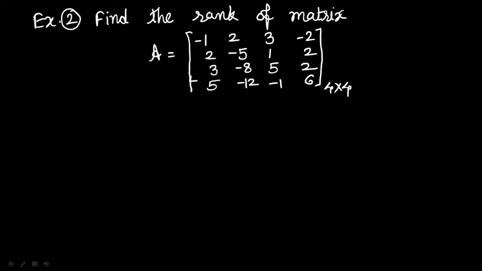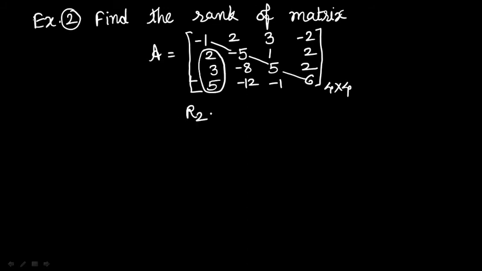Now we find the rank of this. We consider A equal to this matrix. Now apply row operations and form 0. The diagonal elements are -1, -5, 5 and 6. Below these we form 0. Therefore we form 0 in the first column by using R1.